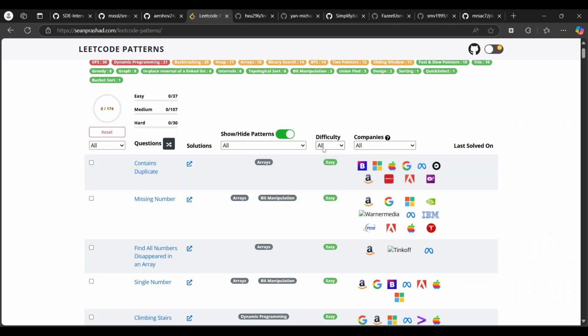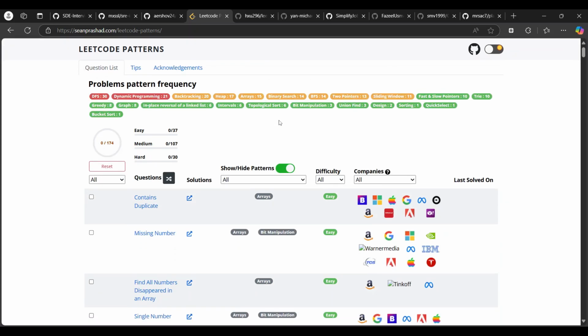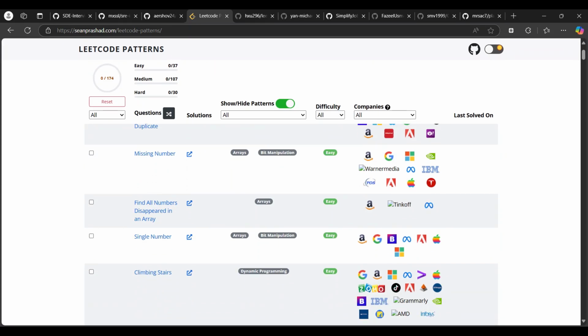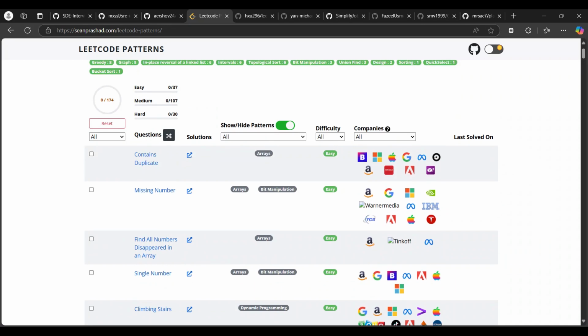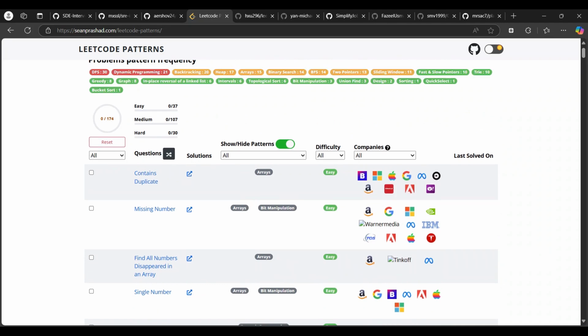They have also added what level it is, easy or medium or hard, and in which companies it was asked. So accordingly you can prepare for a particular company, and I guess they have added some filter also, so you can target a specific company or in general practice DSA, right? You will get all the patterns and how you can solve them and get the answers also.